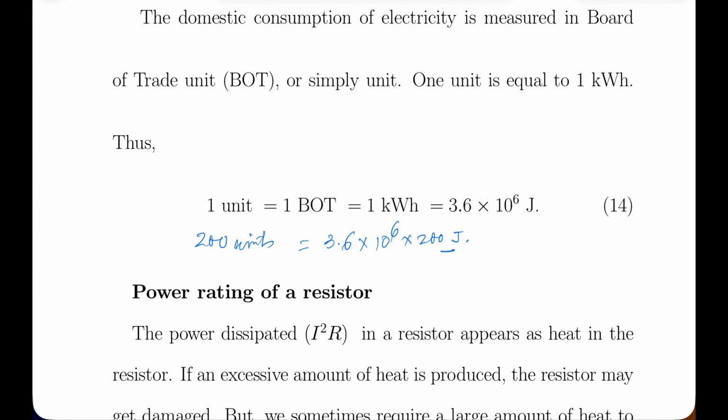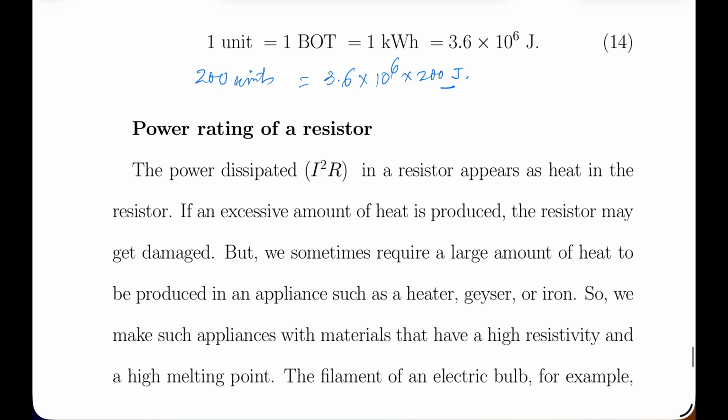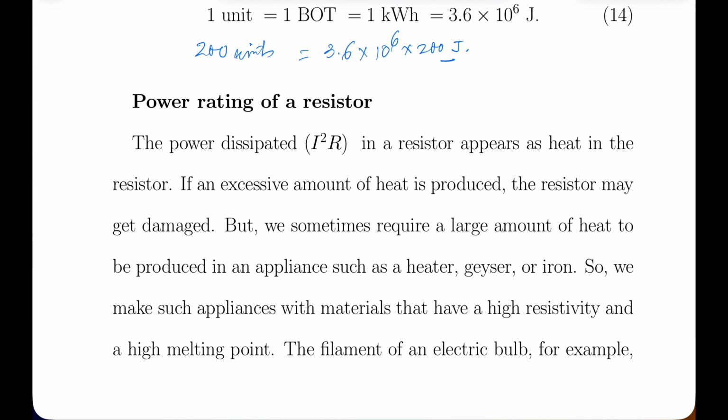Now, the power rating of a resistor. The power dissipated I square R in a resistor appears as heat in the resistor. यदि बहुत ज़्यादा हीट प्रोड्यूस हो जाए तो resistor may be damaged, but sometimes we require a large amount of heat to be produced in an appliance such as heater, geyser, or electric iron.